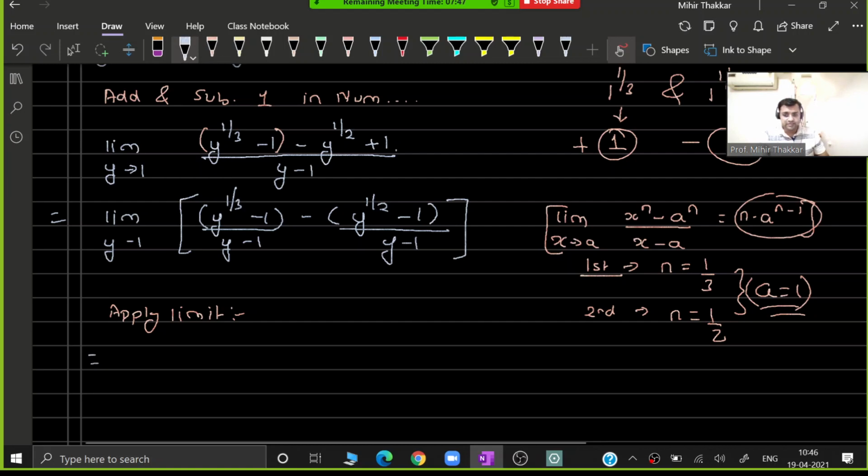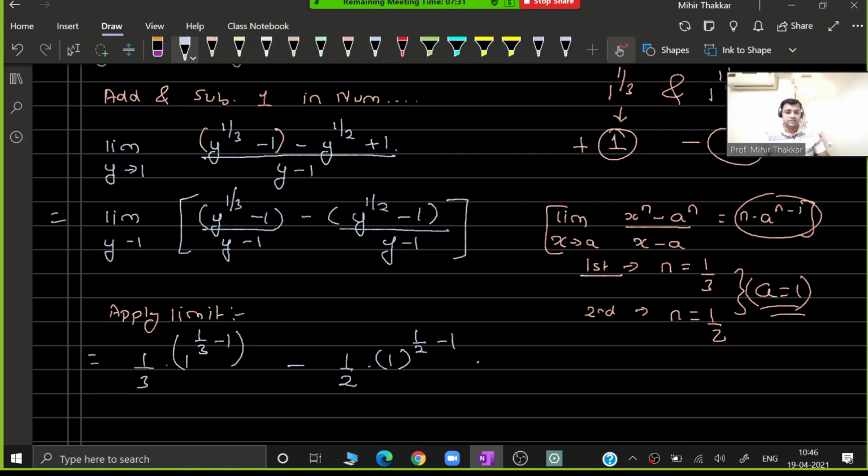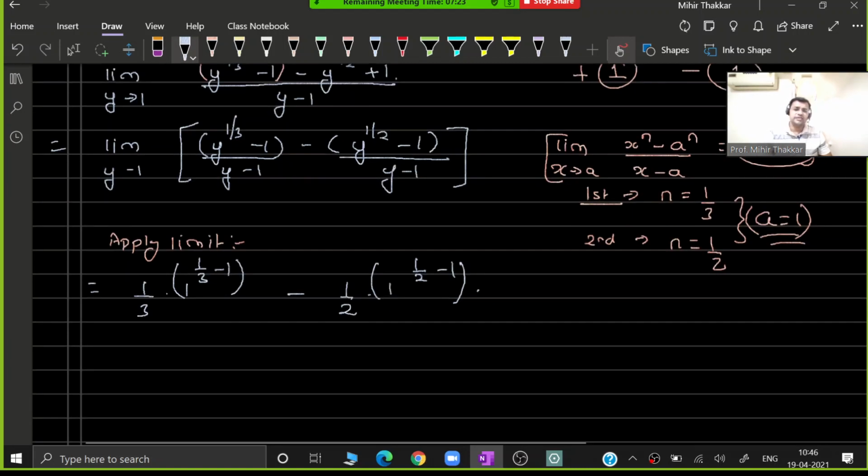So you will get, for the first term, 1 by 3 into 1 raised to 1 by 3 minus 1, plus, in fact, minus 1 by 2 into 1 to the power 1 by 2 minus 1. So now guys, over here we are not worried about 1 raised to 1 by 3 minus 1 and 1 raised to 1 by 2 minus 1, because whatever is in the power of 1, it remains 1 only.